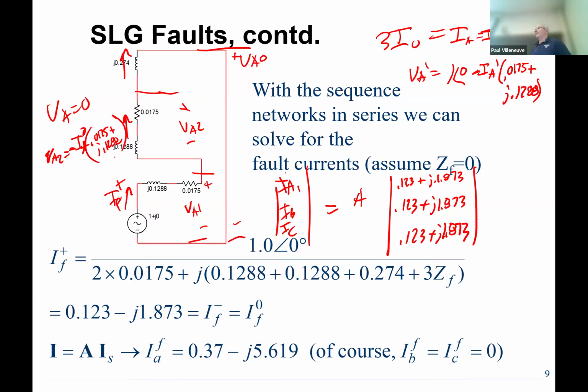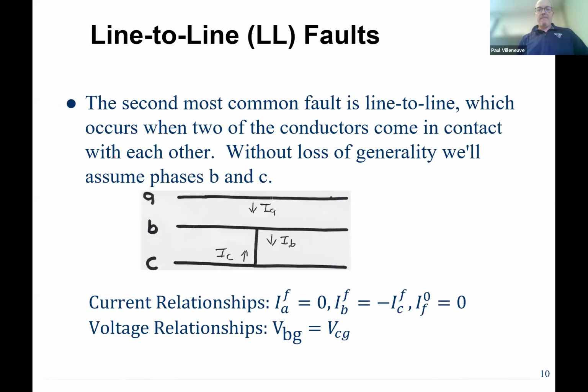And you can do the same thing to solve for VA0. So when you solve for those three voltages, they would sum to zero, but we'll see that as we start chunking through these. All right, so let's look at the line-to-line fault and figure out how to couple those networks.